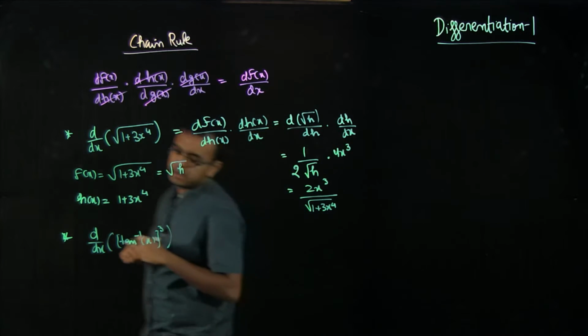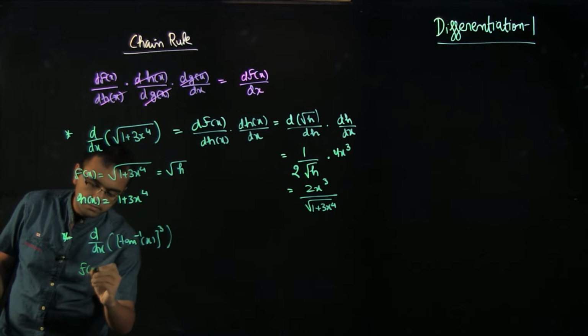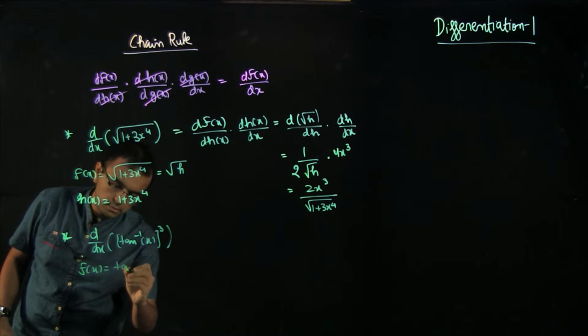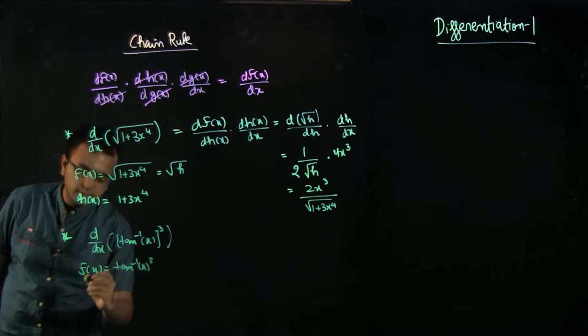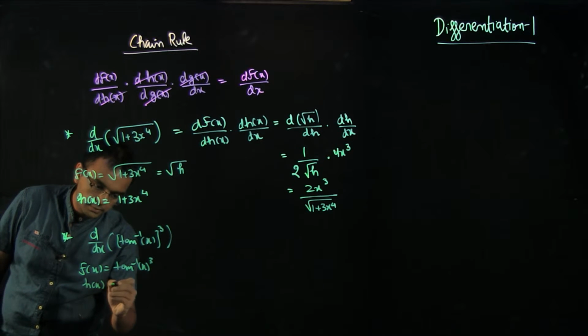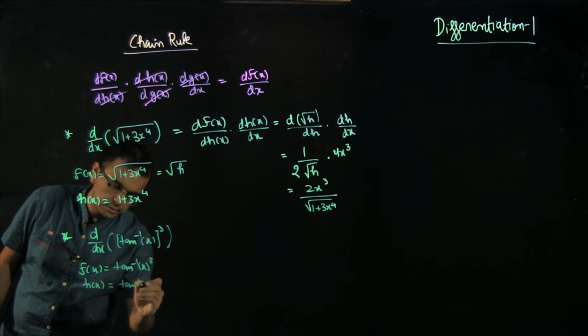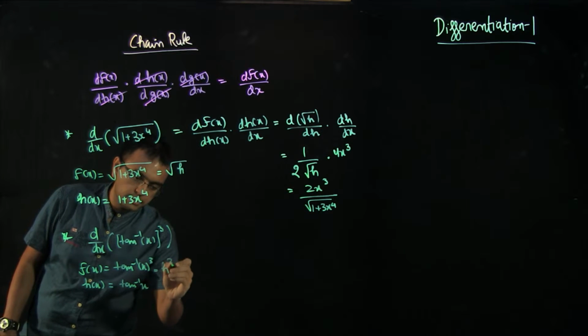So what we can say is f of x is tan inverse x whole cube, and we can say that h of x is tan inverse x. So this becomes h cube.